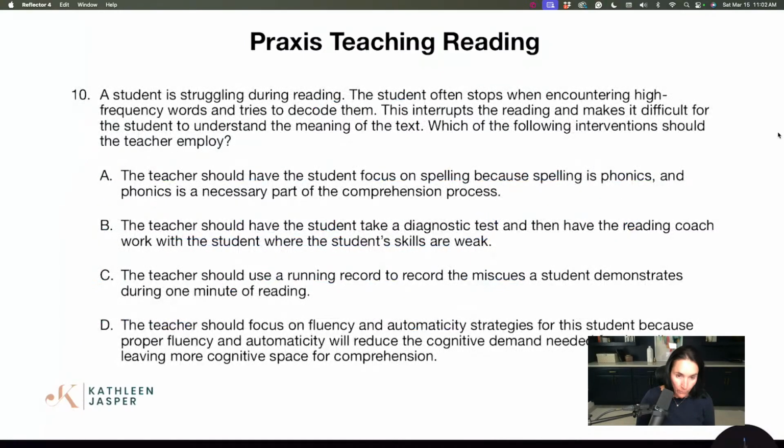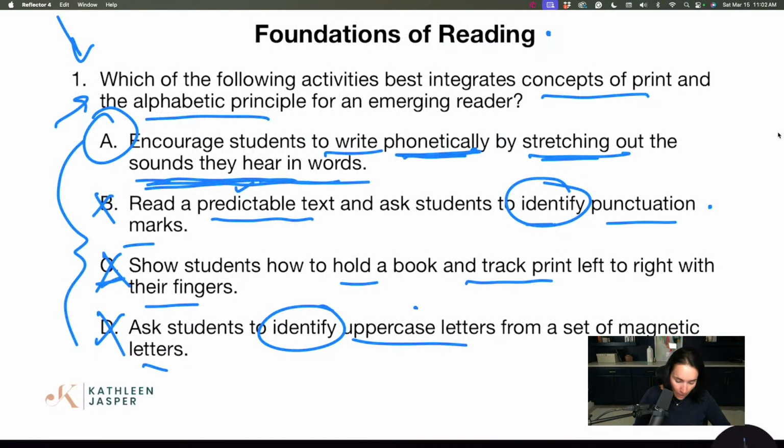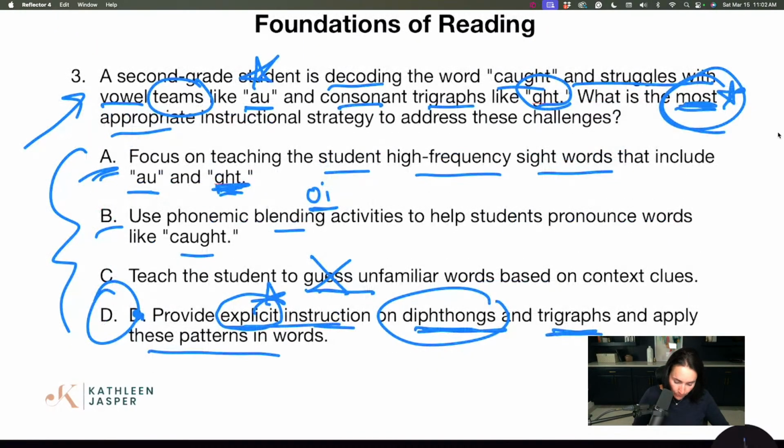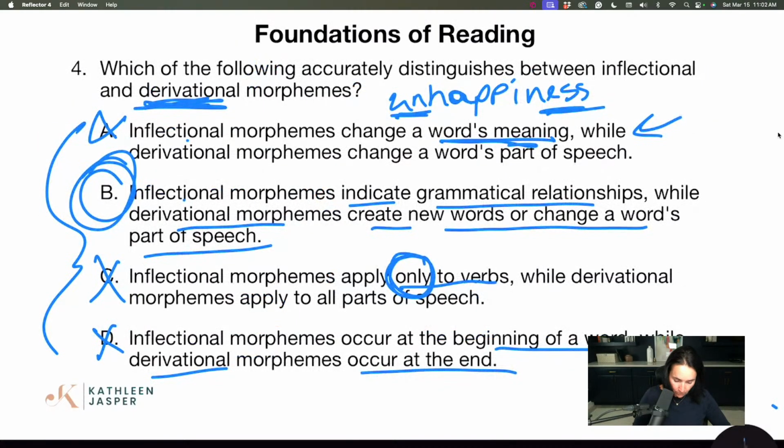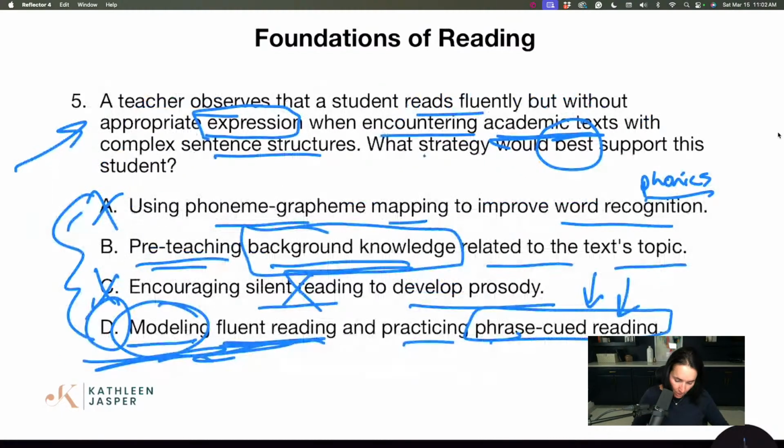All right, this is our last one. Then we're going to move into the constructed response. But again, look at what we're doing here. I just want you to be aware. We've got concepts of print, diphthongs versus trigraphs, morphemes, inflectional, derivational. We've got fluency strategies, modeling, phrase cued reading.